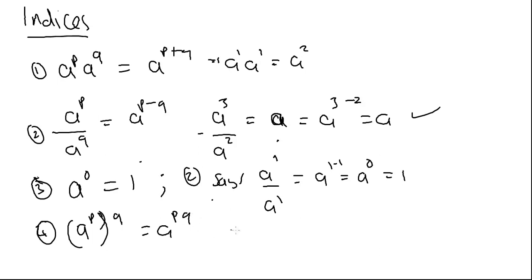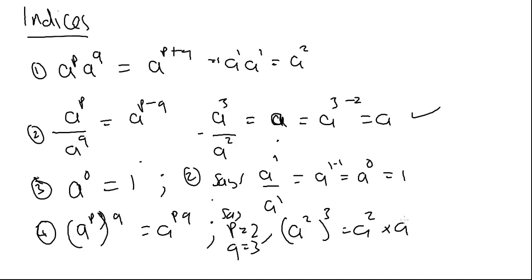You can think of an example just to see whether that makes sense. So say p is equal to 2. Then you'd have a squared, and I say cube that. So q is equal to 3. So then a squared cubed is going to be a squared times a squared times a squared.